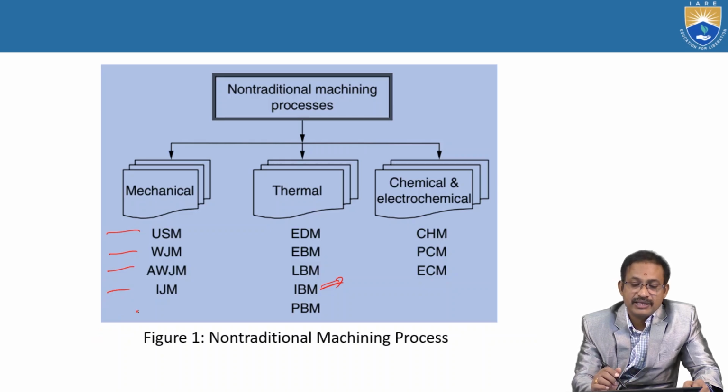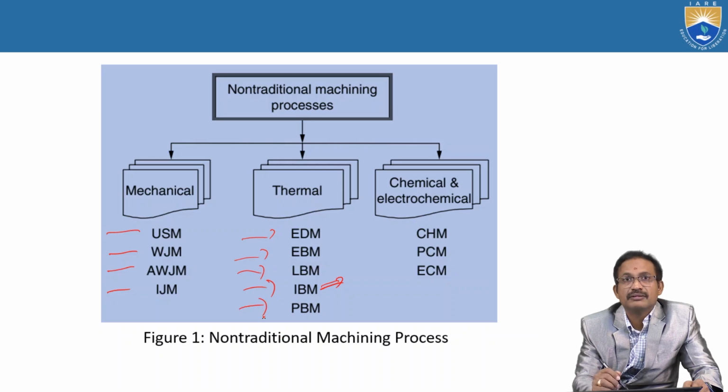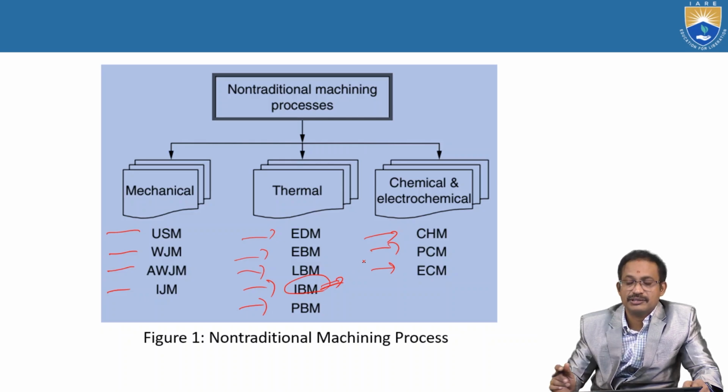In thermal: electro discharge machining, electron beam machining, laser beam machining, ion beam machining and plasma beam machining. In chemical and electrochemical: chemical machining, photochemical machining and electrochemical machining. Right, now we are at ion beam machining problems and solutions.